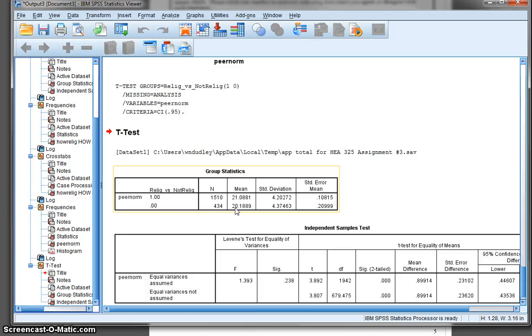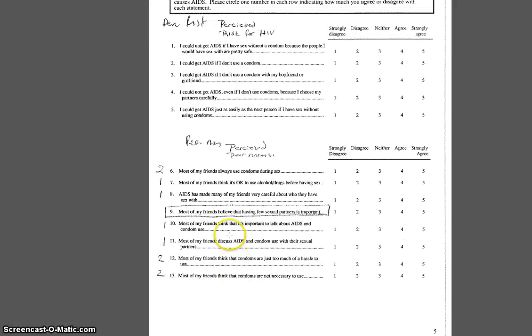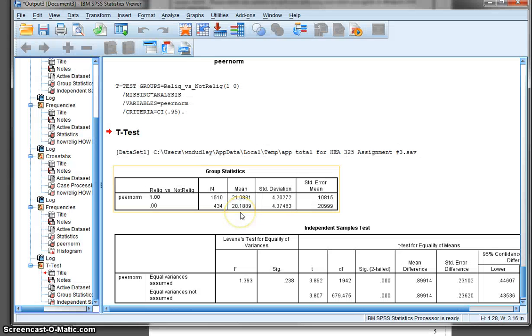I'm assuming that they strongly disagree, and these have been recoded so that high values indicate that their friends show less of what we might call deviant behaviors with regard to their normative values. Okay? Now, what do we see here?